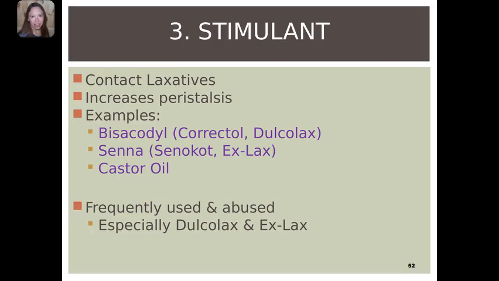A lot of times the patients that are abusing it are the patients that are trying to lose weight, and that's not good because now they're causing diarrhea, so they're causing their intestines to empty out really quickly in hopes that they don't absorb all those calories in the food. So they're trying to use it as a solution for weight loss, and really that's just a temporary solution because ultimately what it's doing, it's dehydrating our patients.